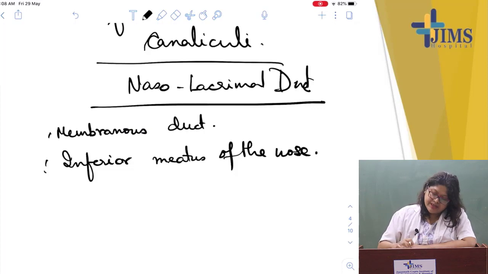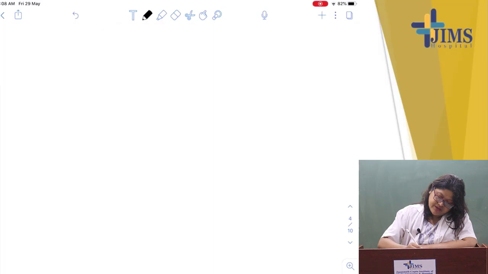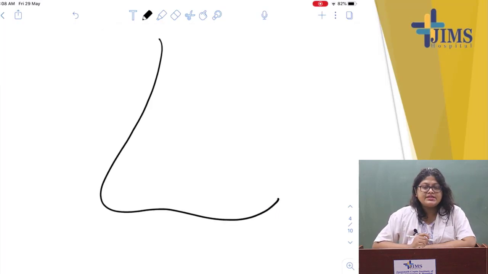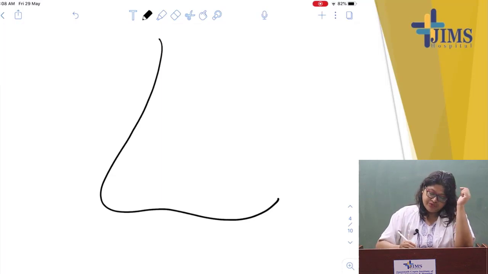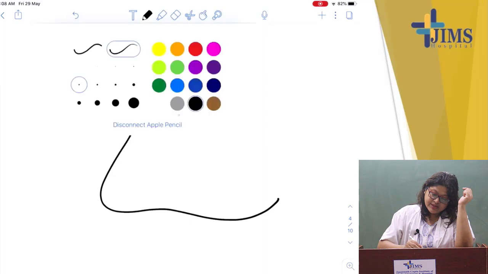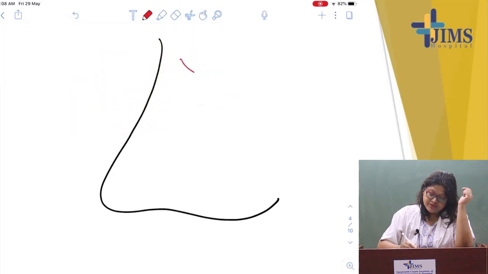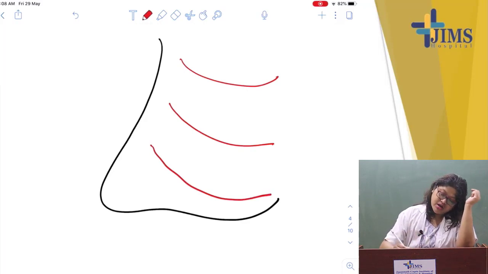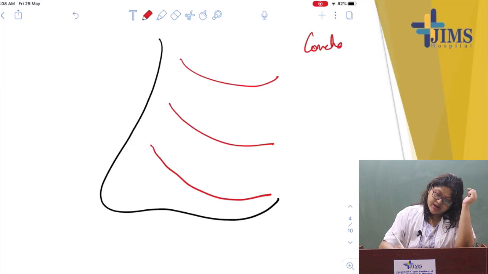What is inferior meatus of the nose? Now if we draw it. So this is which wall of the nose? This is the lateral wall of the nose. Here, this one. Now this lateral wall of the nose is characterized by 3 shelf-like things which are known as concha.